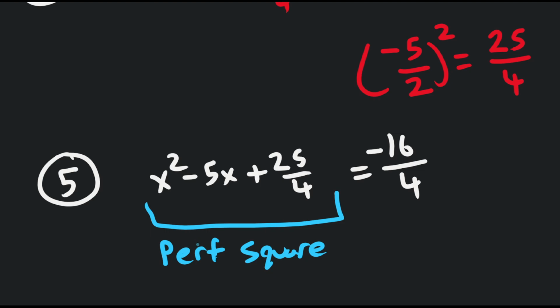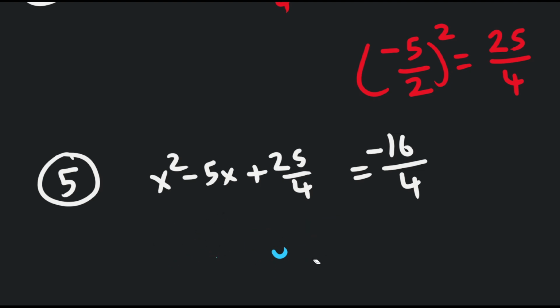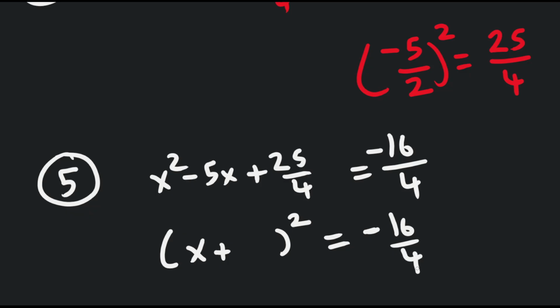This is guaranteed to be a perfect square trinomial. And that means we can write this as a binomial, so x plus some number squared. And then equals -16/4. Now, what number are we going to add here? We are going to add b/2.